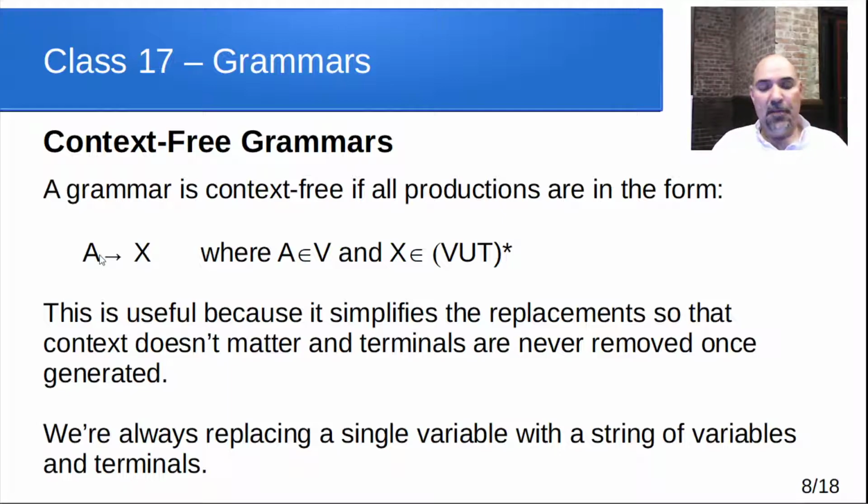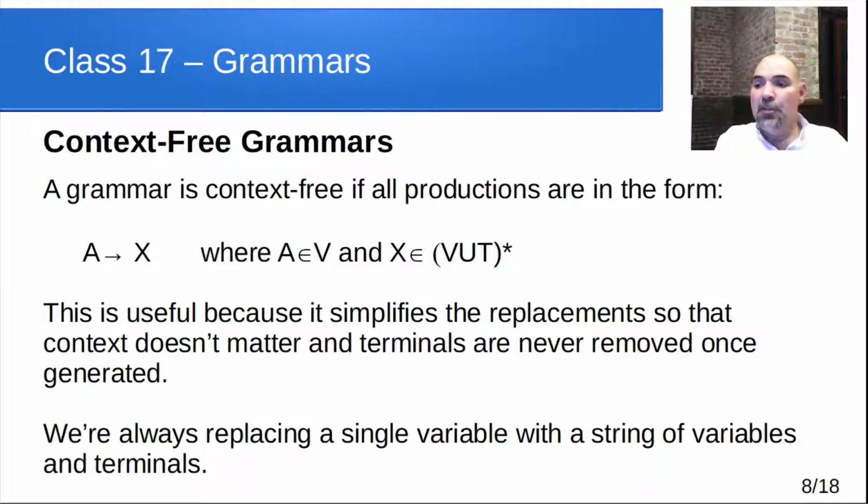And that is going to be useful for us because it's going to simplify the replacements in such a way that the context of how the variable is used and the symbols around it don't matter. It's just a single variable on the left-hand side being replaced by some string of zero or more variables and terminals on the right-hand side.